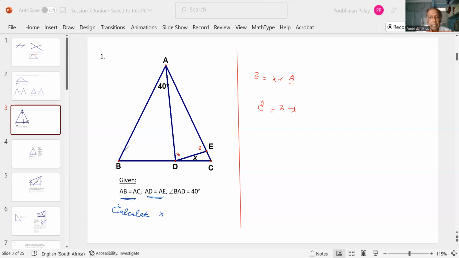But we know that AB equals AC. So if this angle is Z minus X, as we have just seen, this angle here is also Z minus X. See?